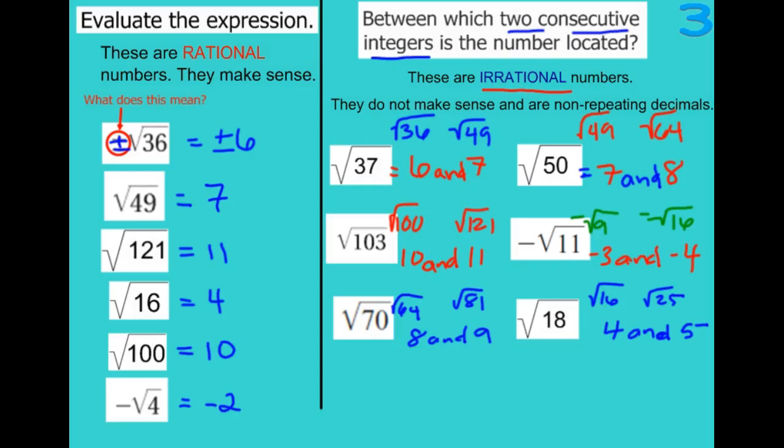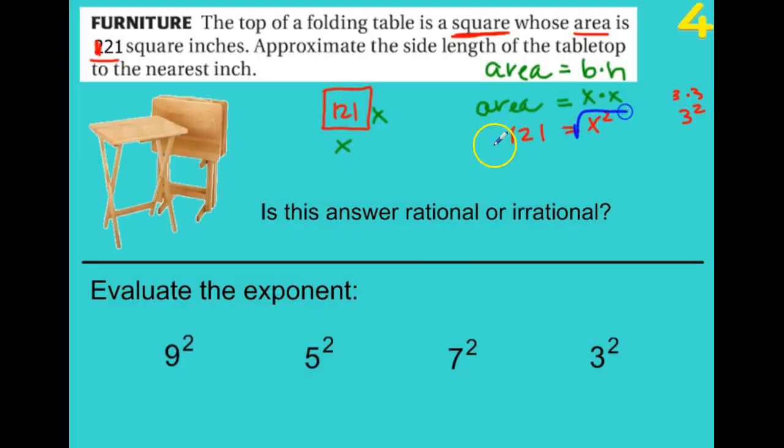So we're going to take the square root on both sides to leave us with just x. The square root of 121 is 11. So that's just one side that we figured out. We found the length of one side of the table. And 11 is a rational number because it was a nice number. It made sense. It didn't come out as a decimal.